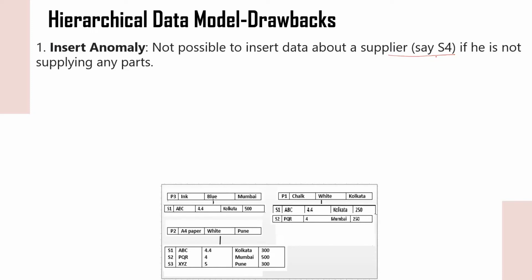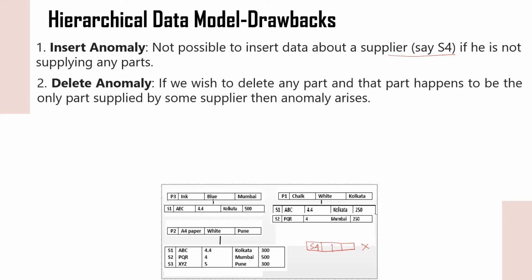Suppose S4 has newly joined, but it has not yet supplied any parts. So there is a part record missing. Since there is no part record and part record is the parent record, without the parent record, S4 record cannot exist. That means I cannot insert S4's record. This is insert anomaly.